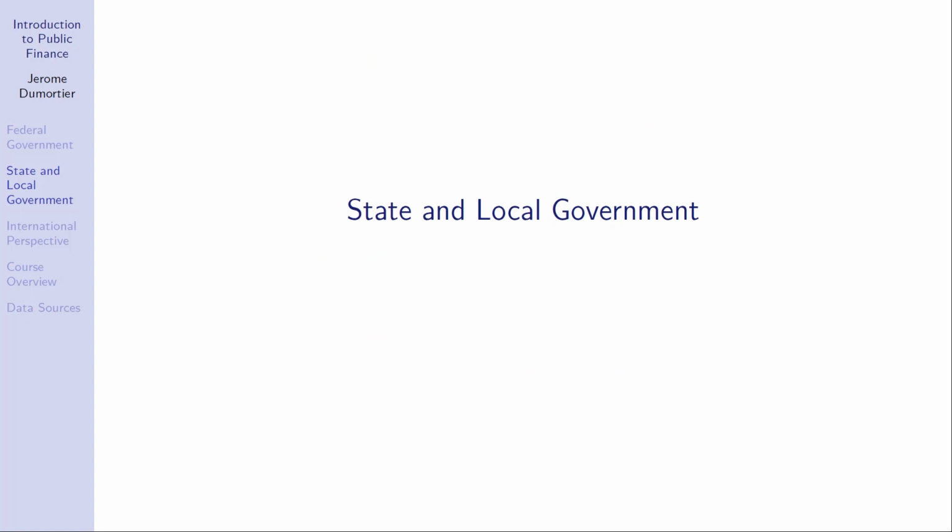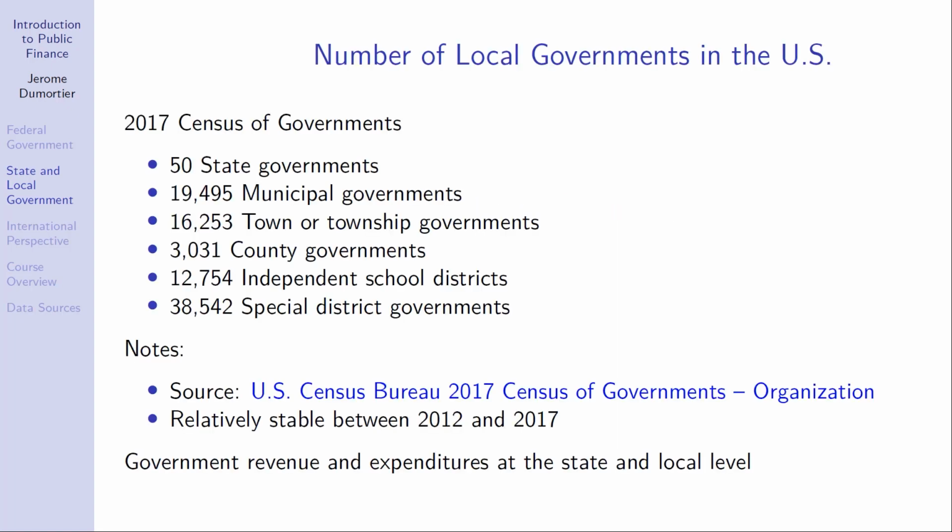Now, we have looked at the federal government, but of course there are also state and local governments. So here, just to give you an idea about how many local and state governments we have in the United States. Now this is data from the 2017 Census of Governments conducted by the US Bureau of Census.